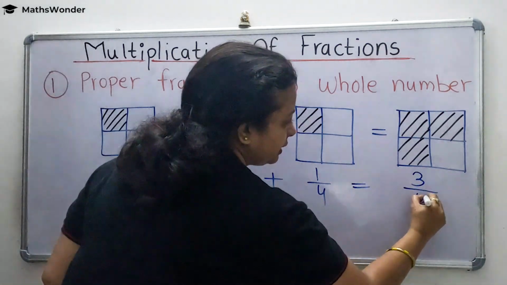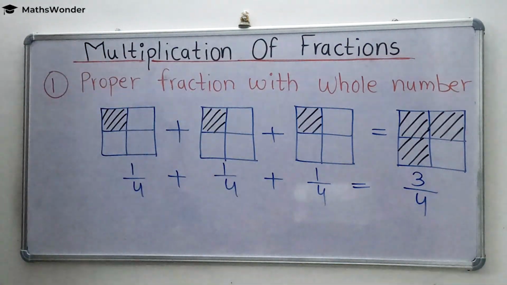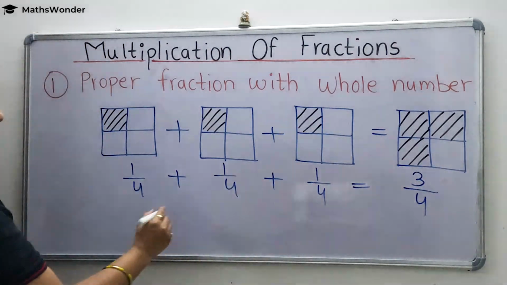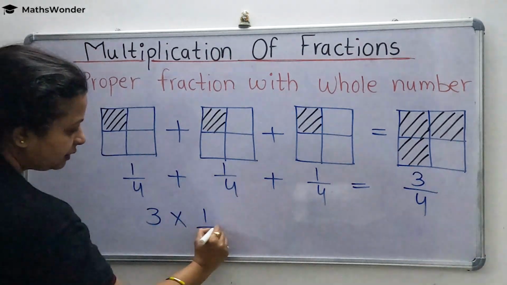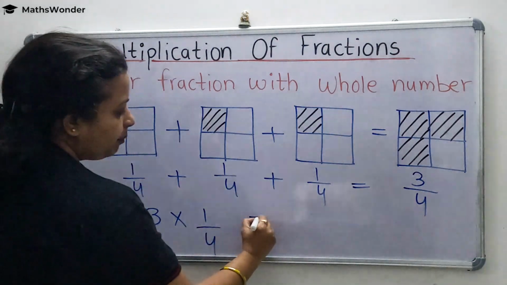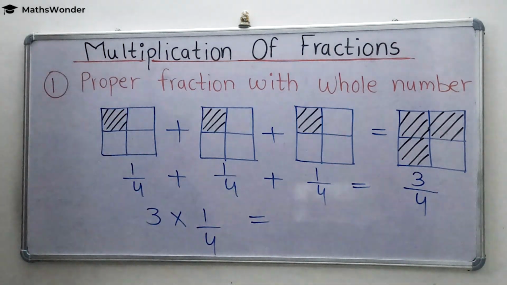So your answer becomes 3/4. Same thing when you do it with calculation. So 1/4 plus 1/4 plus 1/4, can you write it as 3 times 1/4? Yes. And what is the formula of this process?